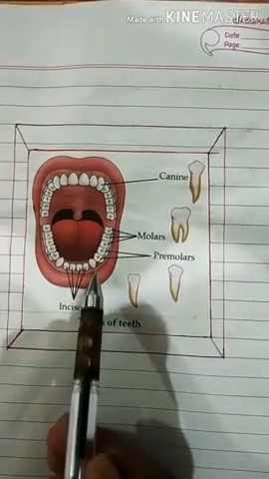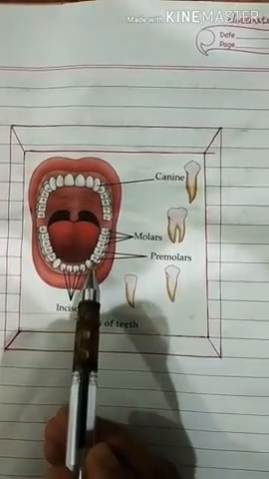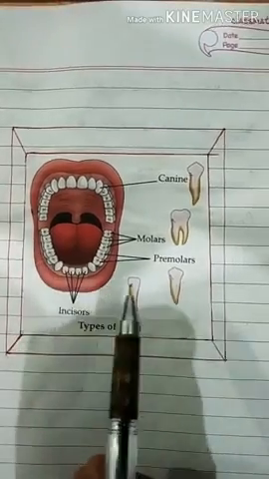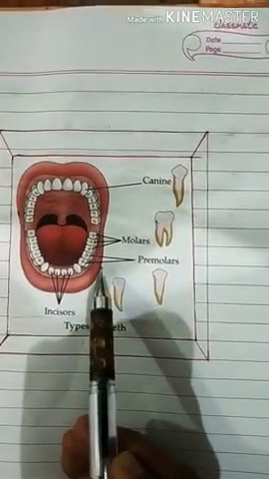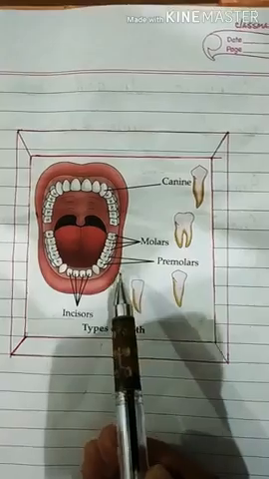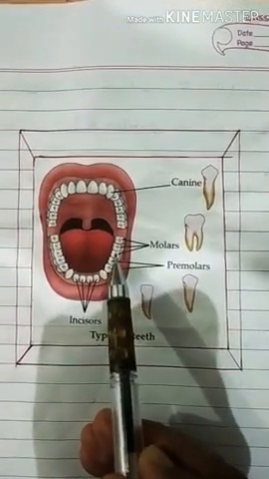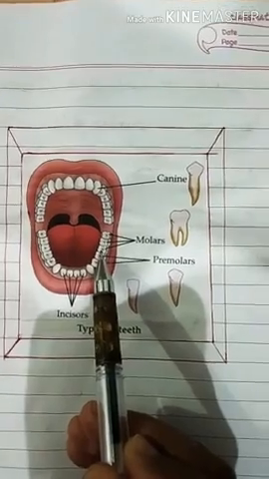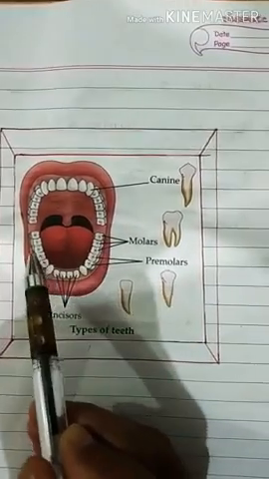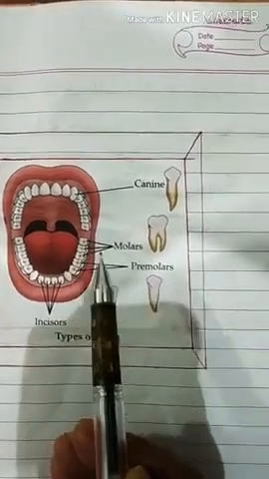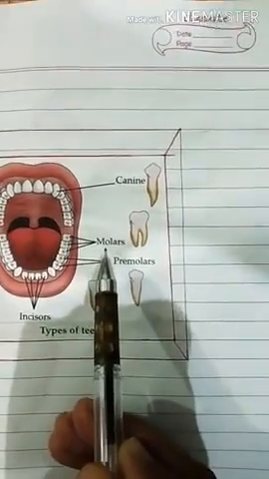After that, premolars are there. See here 1, 2, 3, 4 and total 8 premolars in upper and lower jaw. Next to premolars, you can see the molars. How many molars are there? 3 here, 6 and upper jaw 6. Total 12 molars are there.